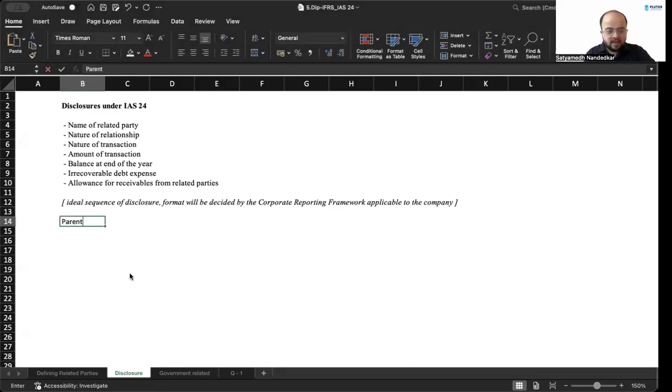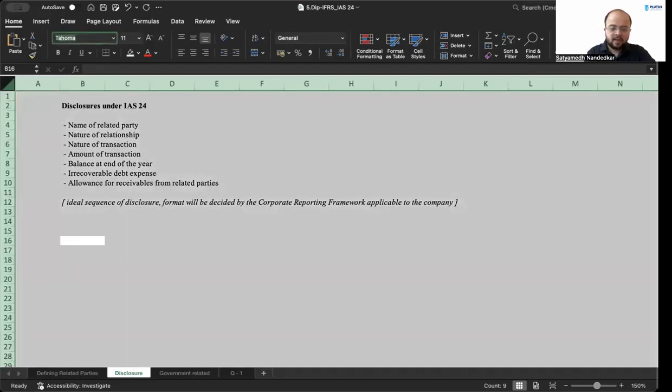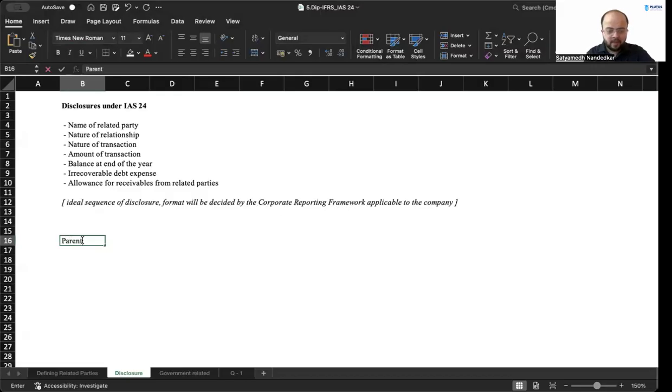Then, where there is a parent subsidiary relationship, there are certain specific disclosures that you would do well to keep in mind.